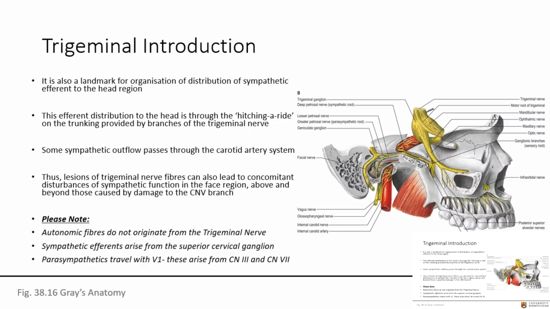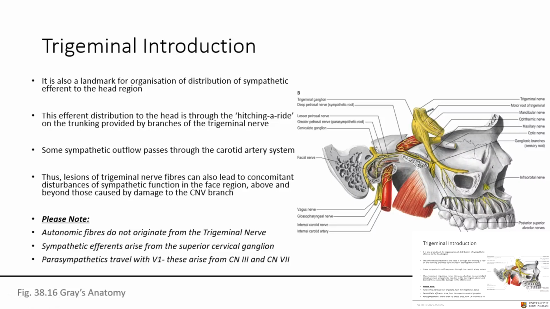But you know that we do sweat in the face, which is located much more superior than the sympathetic chain. So in order to reach these regions, the sympathetic nervous system will use, for example here, the internal carotid artery.